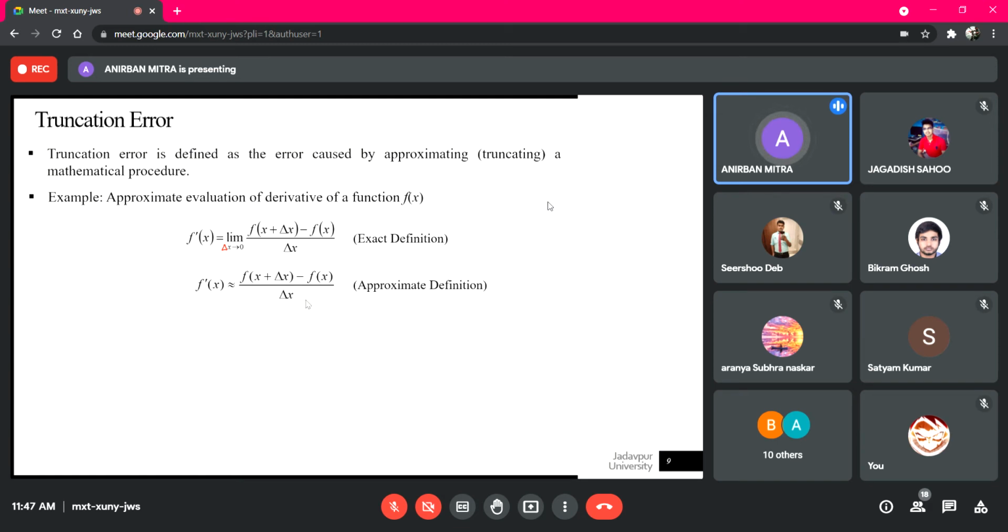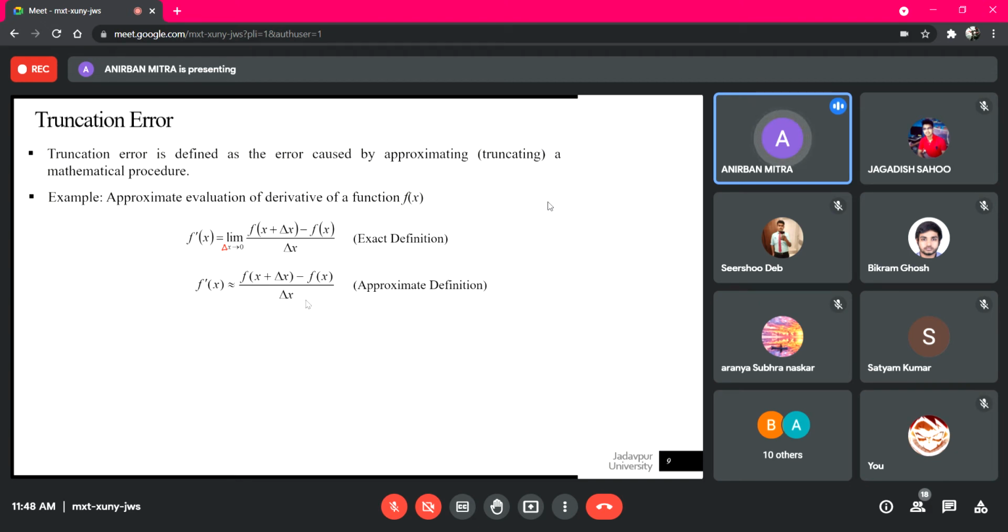In a numerical procedure, how do you replicate delta x tends to 0? That is not possible. What you can do is consider a very small value of delta x and consider that it tends to 0. So that is the approximation.